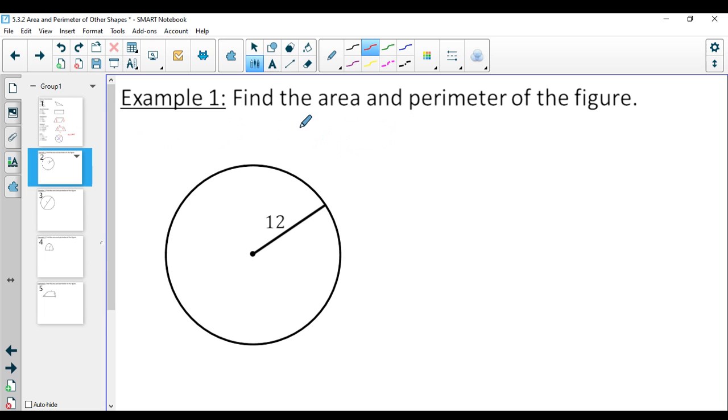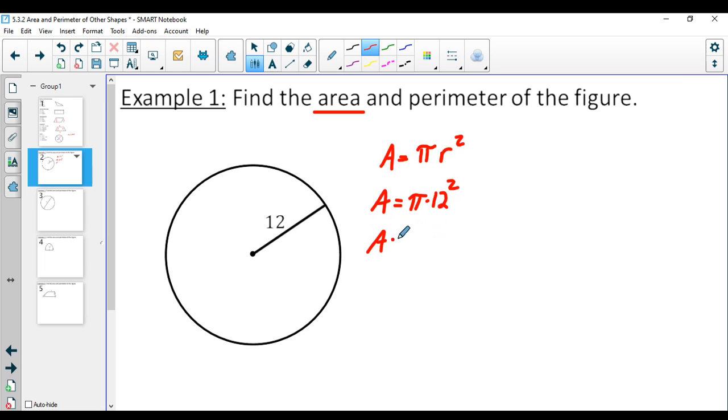Here we have find the area and perimeter of the figure. Well, we said the area of a circle is pi r squared, right? And so A equals pi times the radius 12 squared.